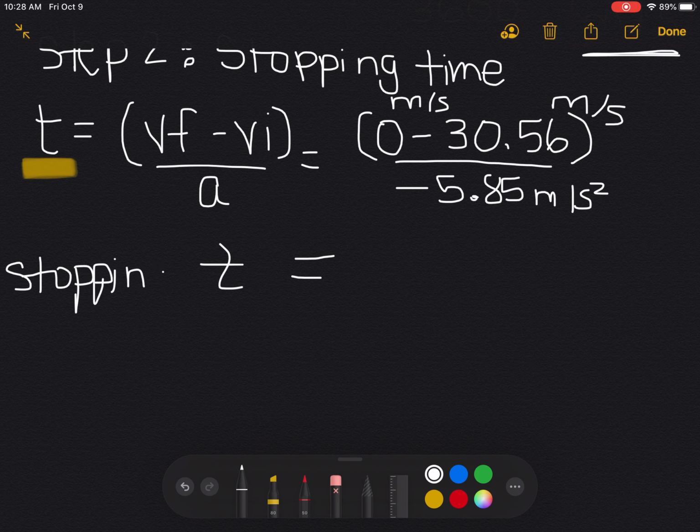This is our stopping time so that we can calculate our stopping distance. So to do this, we would go 0 minus 30.56, which gives us negative 30.56, divided by negative 5.85.